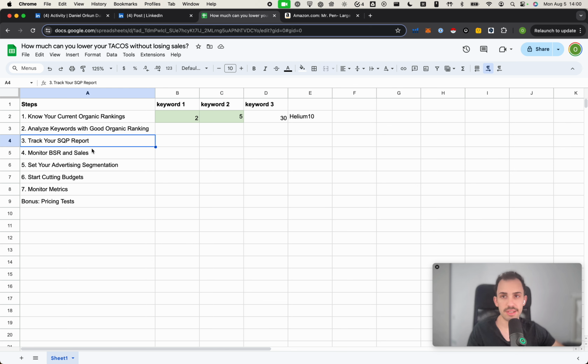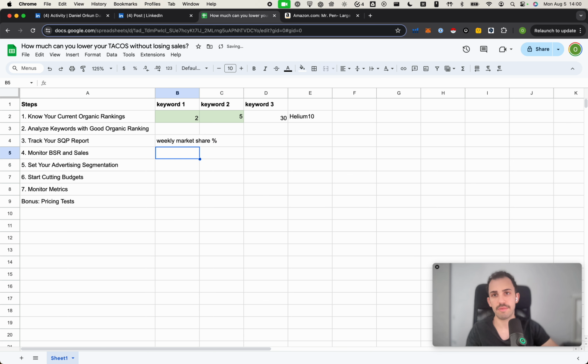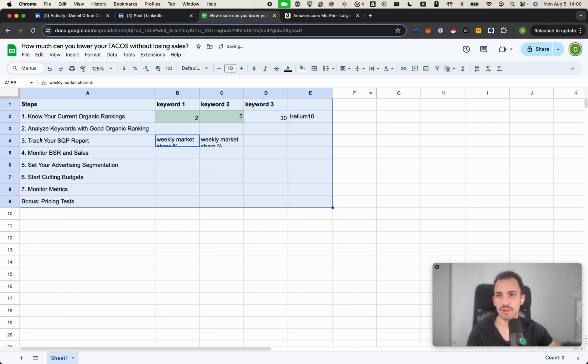What I mean by these numbers is, for keyword 1, you want to find out your weekly market share percentage. You want to get that number, and you also want to get the same number for every keyword that you're tracking.